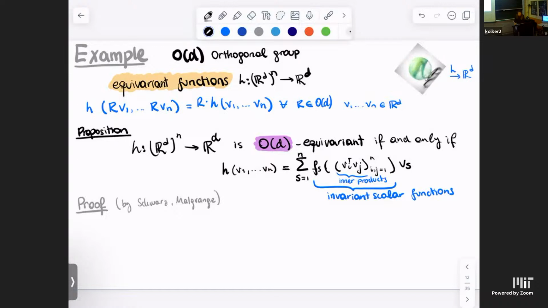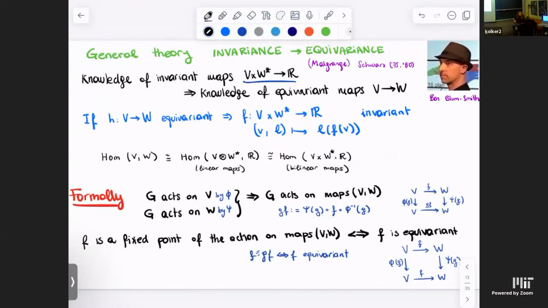But the idea basically is that one can exploit the knowledge of invariant functions to produce the equivariant functions, using the fact that one can construct an invariant function from the equivariant functions in a simple way.